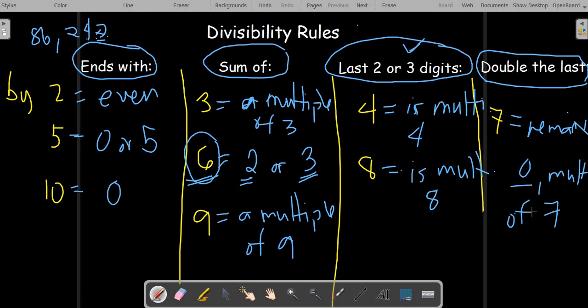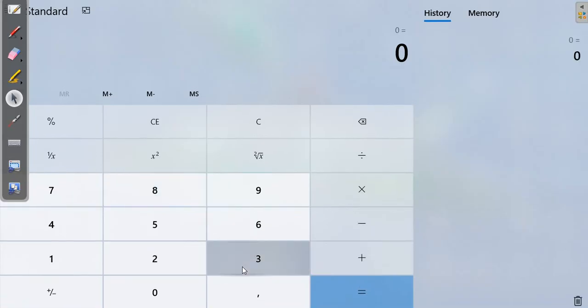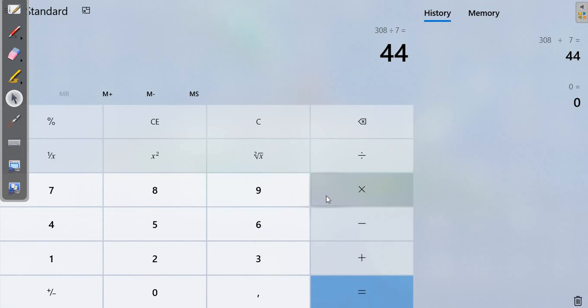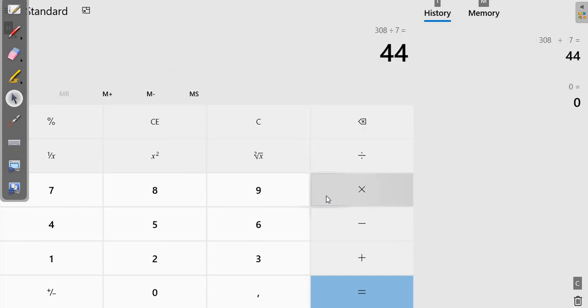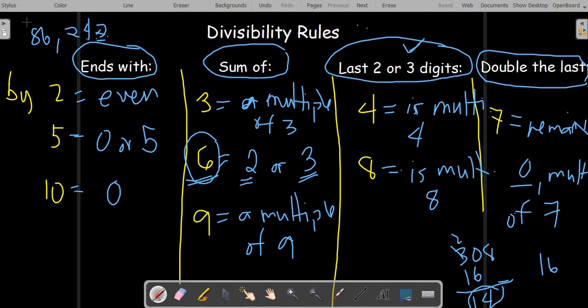We already had an example; another is 308. 8 times 2 is 16, subtract it from 30 and you get 14. 14 is a multiple of 7, so 308 divided by 7, there you go, the answer is 44. So that's it for our divisibility rules.